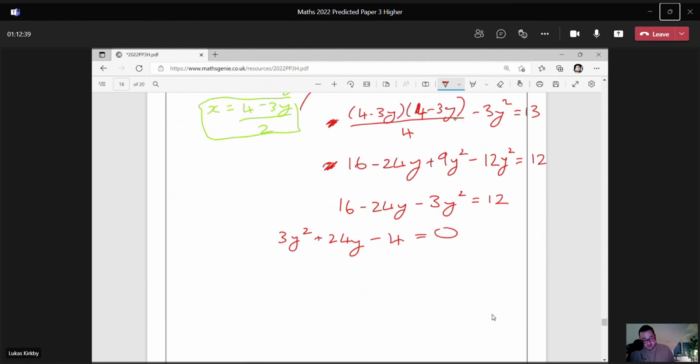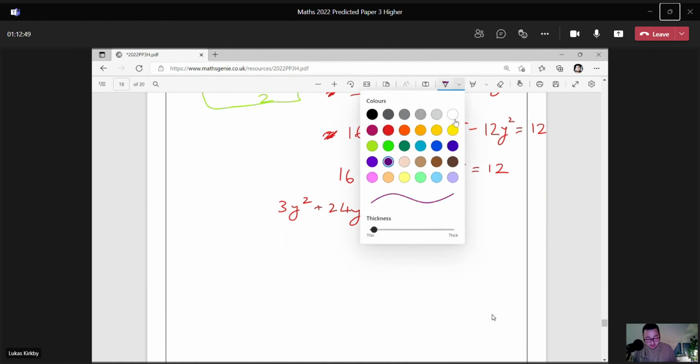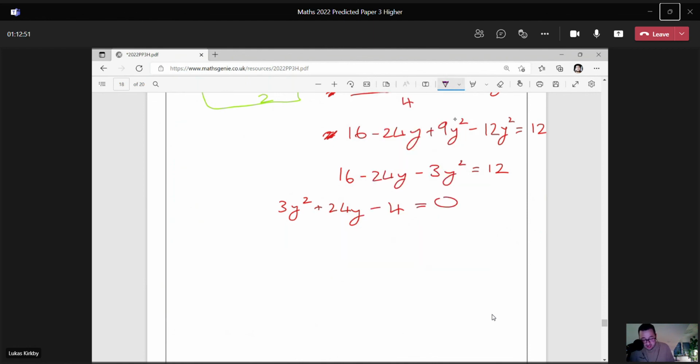Okay, so again, we've got this, and now we want to look at if we can solve it. So let's use the quadratic formula again. So again, we're going to get y equals minus, so I'm just going to go straight into it. So minus 24 plus or minus square root of 24 squared minus 4 times a times c over 2a.